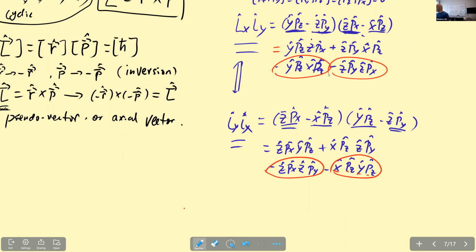And then the terms that do not simply commute is this term, and these two terms will have an extra term, right? So look at the extra term first. You can see there's a Pz right here.